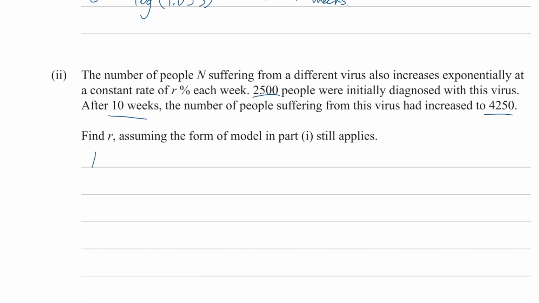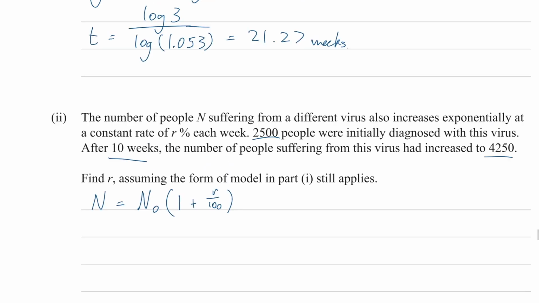So let's just set up the problem like before. We have the number of people infected is equal to the initial amount times, now here's the tricky bit, instead of the rate, because it's in a percentage, it's actually 1 plus the rate divided by 100.